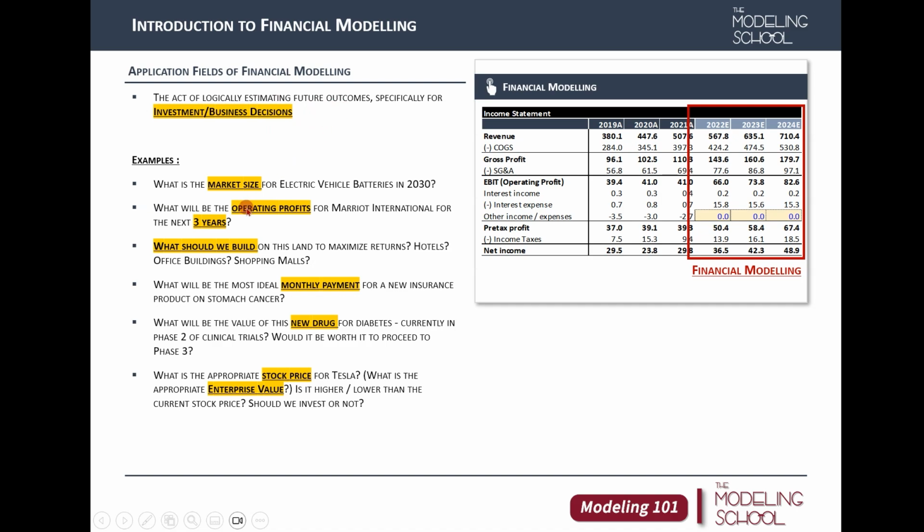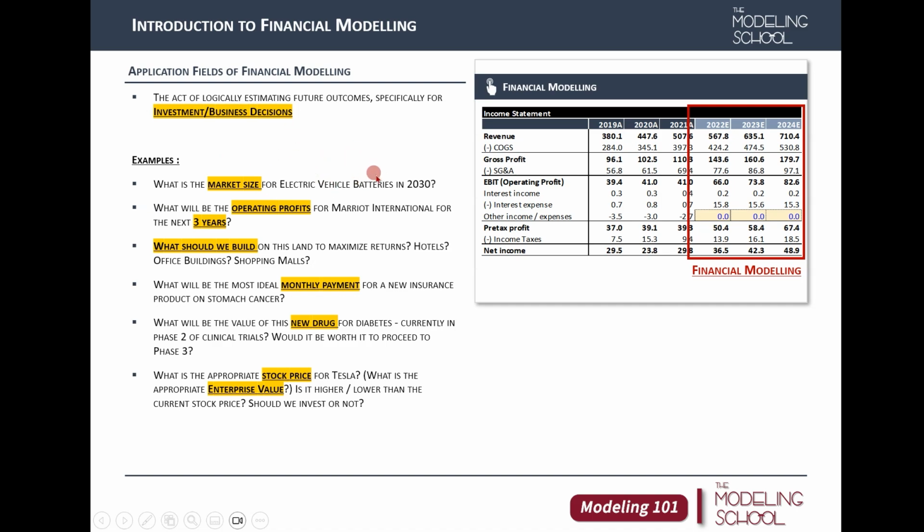So what kind of things are we interested in for making investment decisions? For example, the market size. Future market size really determines whether or not a specific asset is attractive. Market size or market size growth would be a very important factor in making investment decisions.